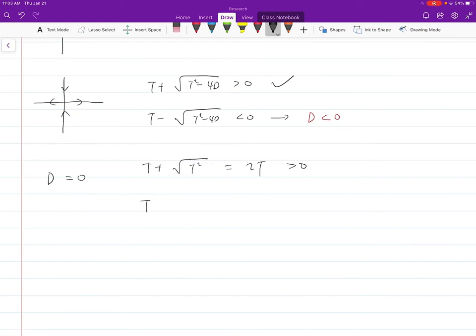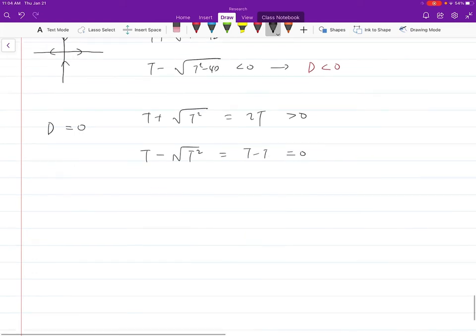If t is less than 0, we do have t minus. So d equals 0 actually gives you the 0 eigenvalue case, which will give you something like this. On one direction it moves, and on the other direction it just doesn't move. So what you have is a lot of parallel lines, and each one is going to be a source.